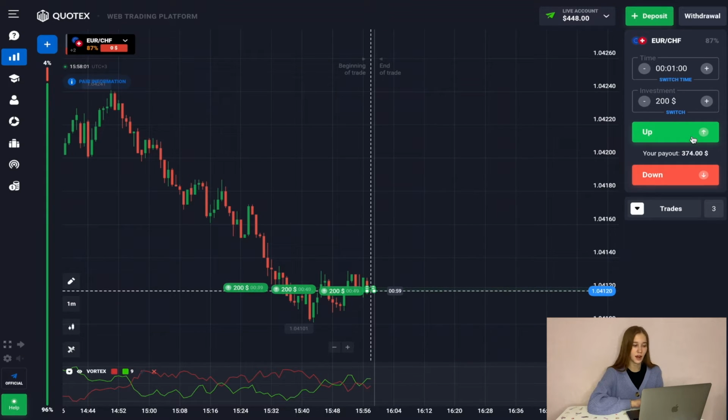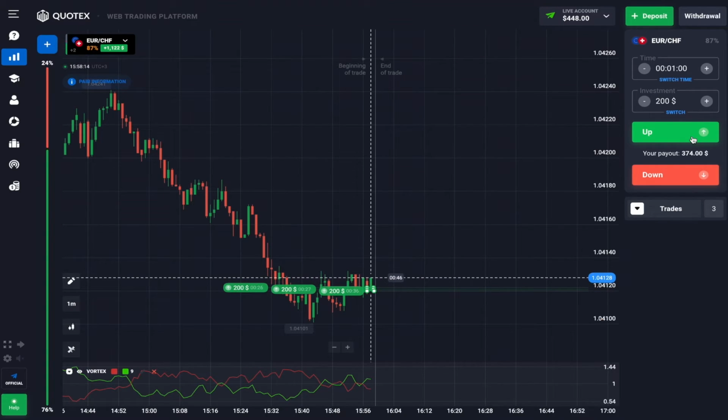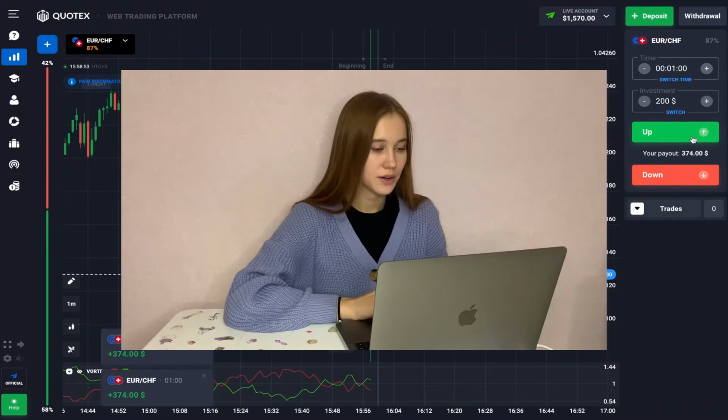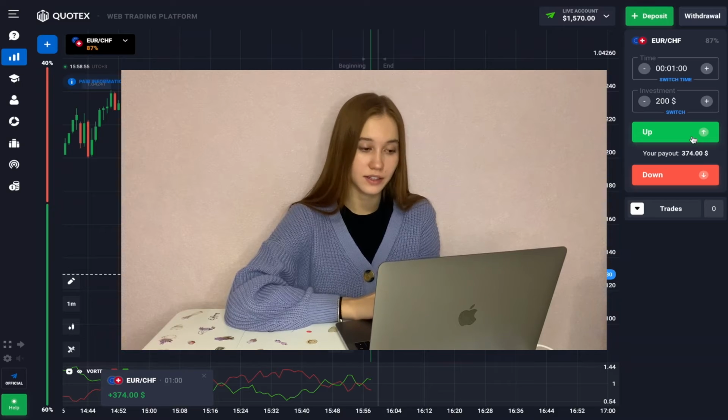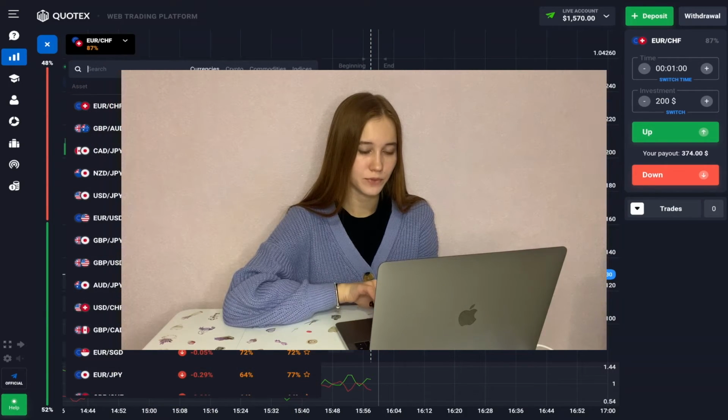This is how several deals are opened at once. A small amount is best chosen. Let's wait for the completion of our deal. So great, our signal has triggered. Let's choose another currency pair for trading.